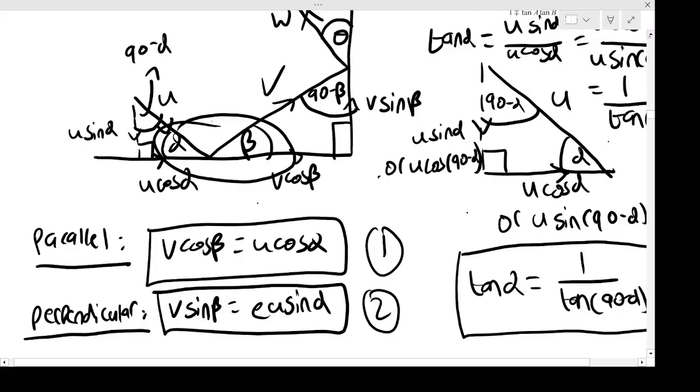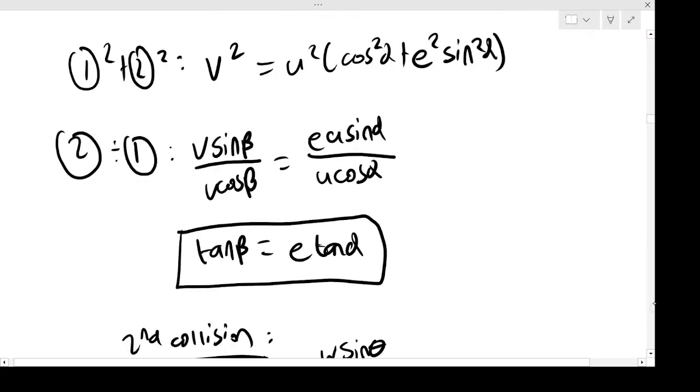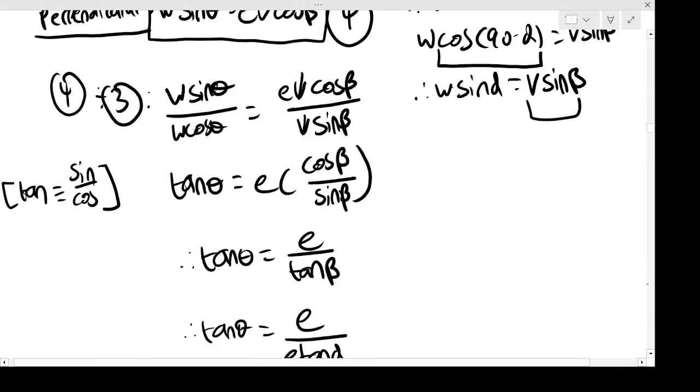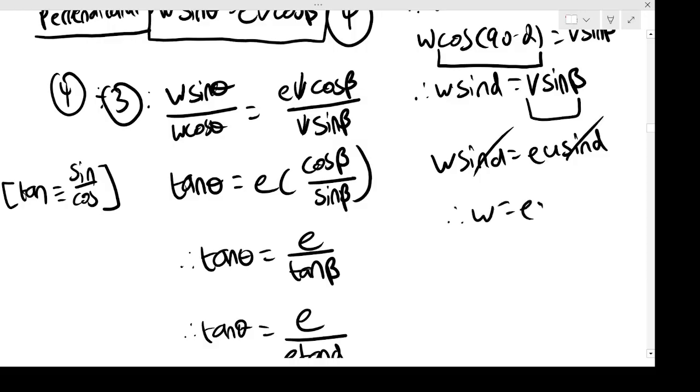V sine beta is EU sine alpha. So I can substitute that in right here. So w sine alpha is v sine beta, which is also EU sine alpha. This works quite nicely because then we can cancel the sine alphas. So w is just EU, and that is the expression for w, which is what they want.